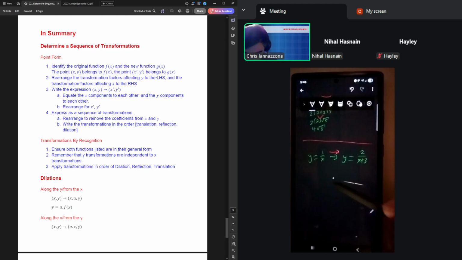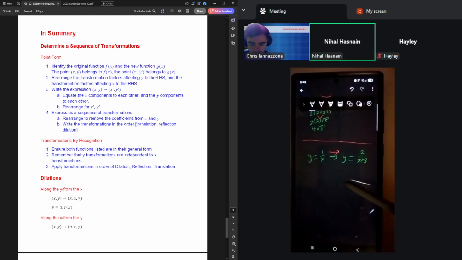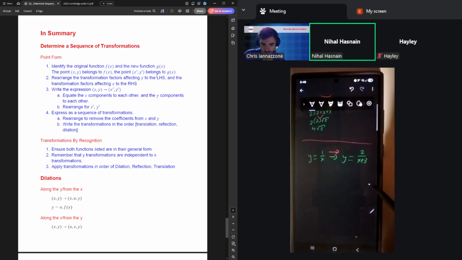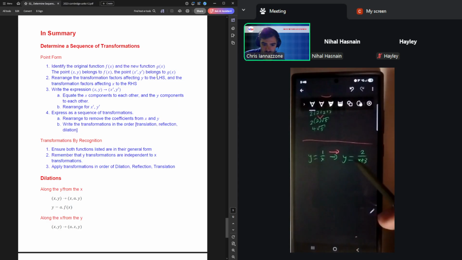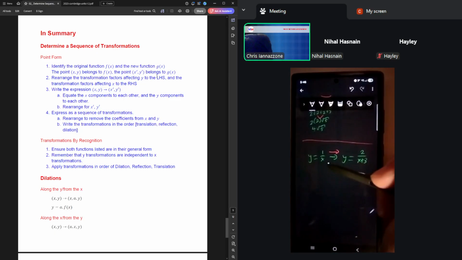Or did we have to arrange the second one? So we will have to rearrange in both cases. I mean, in this case, obviously nothing has got to be done, but this one, there is rearranging to be done, yes. I will say that is step 2, though, where you're rearranging. Step 1 is minor, but important, because we need to get our x dashes and y dashes in there. Otherwise, we'll get a bit confused with what's what.